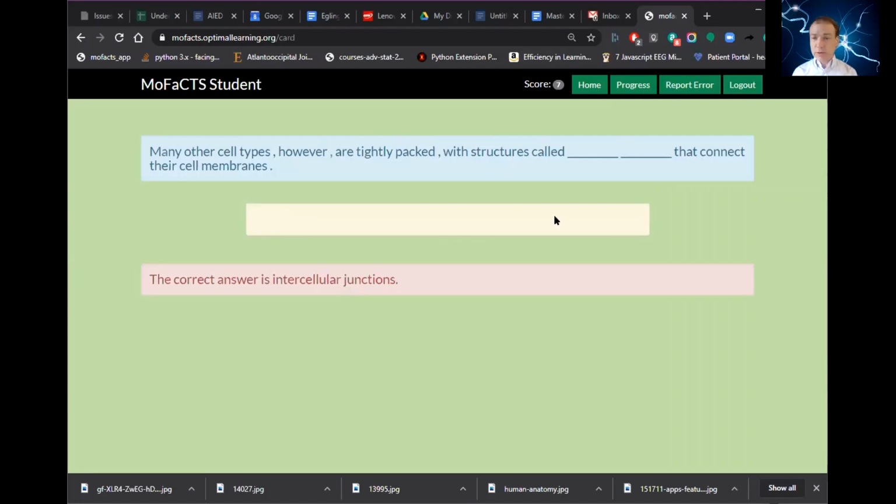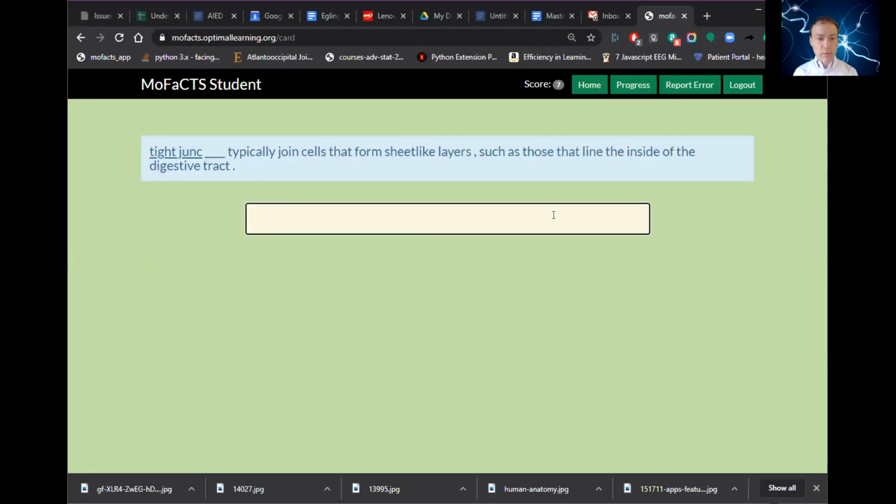Intercellular junctions. Okay, a junction is like something between two things, and so it's the junctions between the cells, and these are connecting the membranes. Actually, tight junctions, it looks like, just tight junctions.